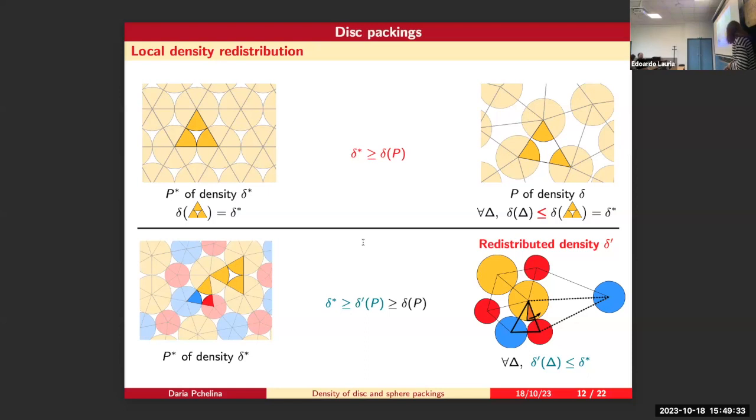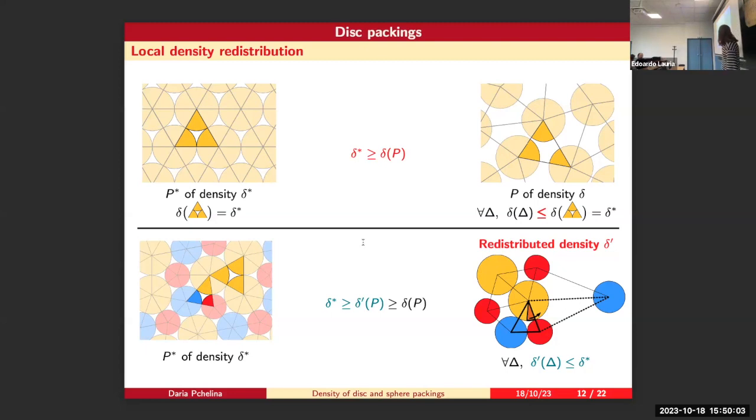And the remaining part of our proof consists in proving that in any triangle, the redistributed density never exceeds delta star, like it was here with the real density. So our proof now consists in proving this green inequality for each possible triangle. It's still local, and delta prime is also local because it's defined locally around any vertex.